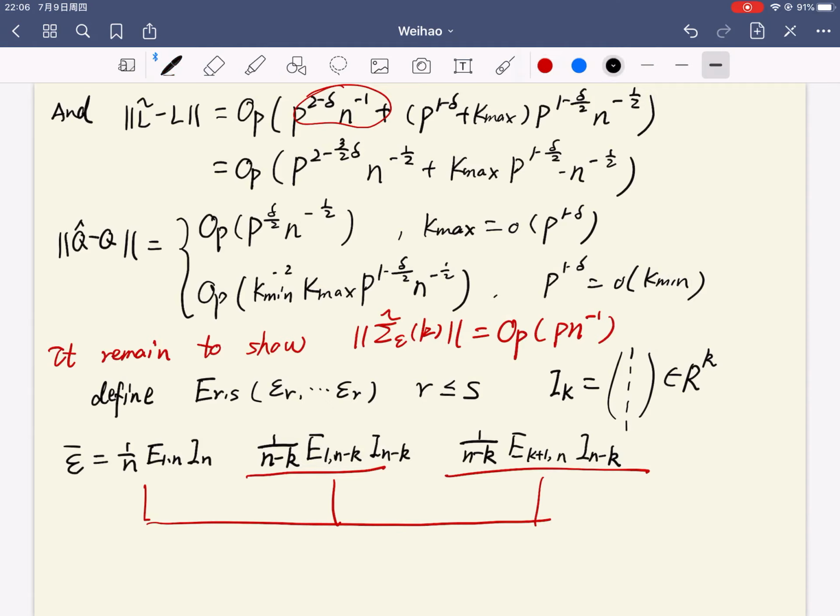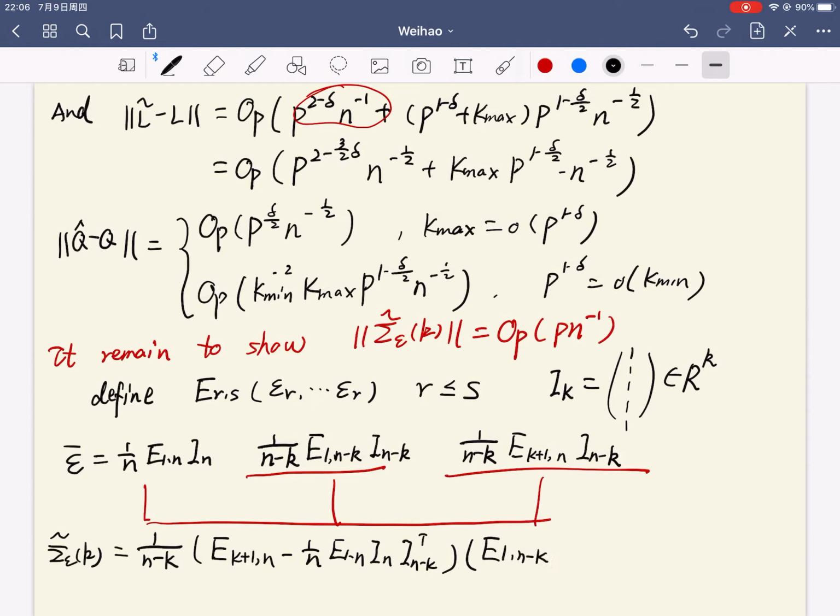So for the sample version, which is given by this, here I use a similar idea to write the summation of n minus k terms as a matrix computation.